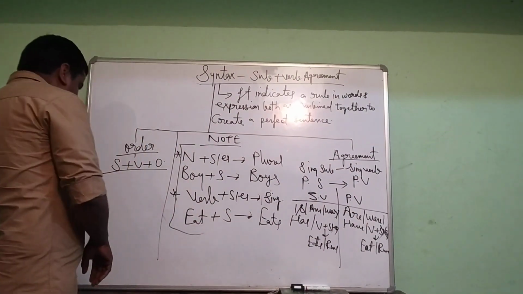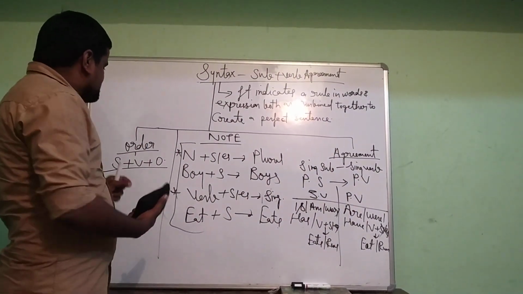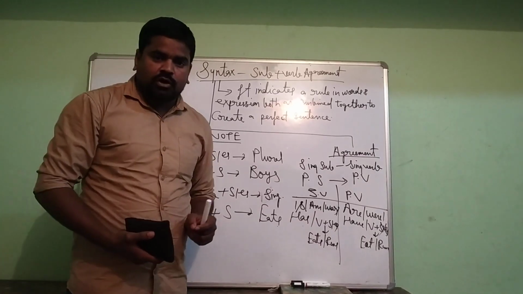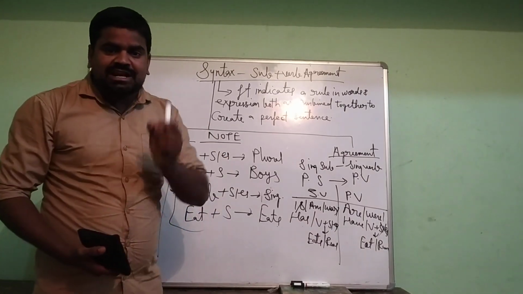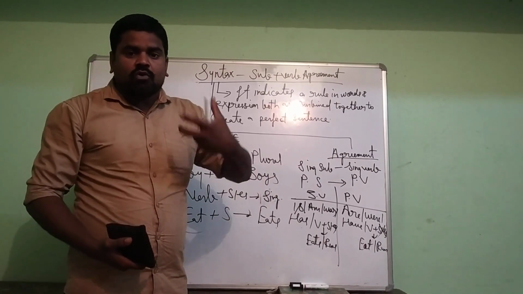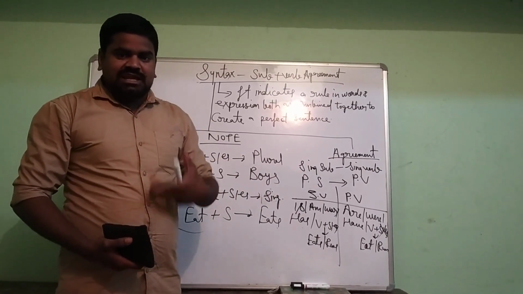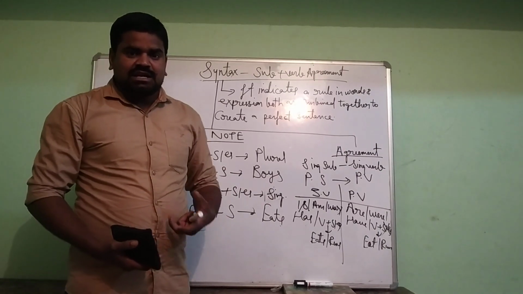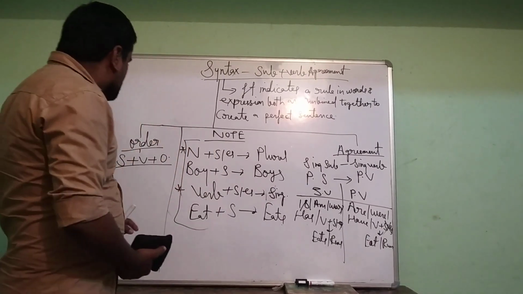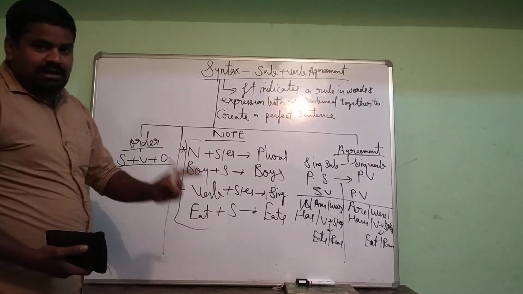Next, my point is that order and agreement both are very important if we want to create a perfect sentence. If we want to avoid mistakes and errors in our sentence, then first we have to take care of order and agreement.